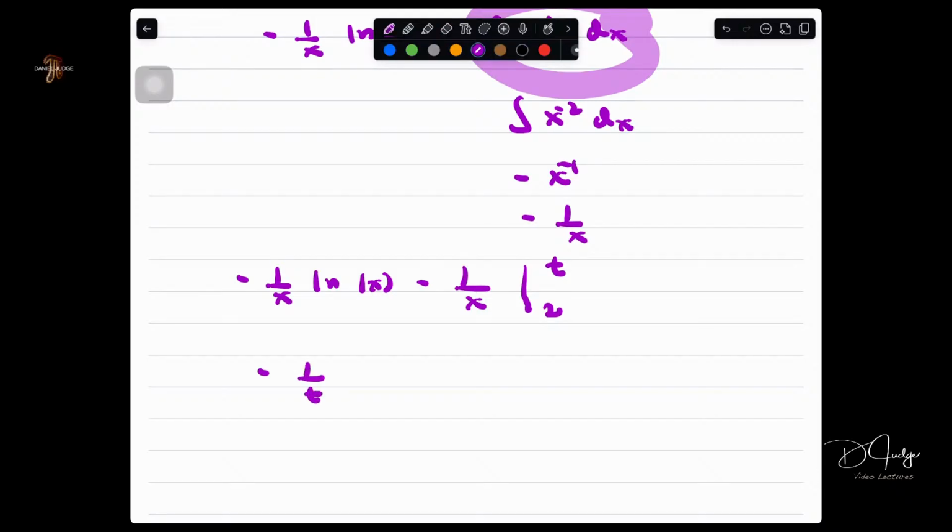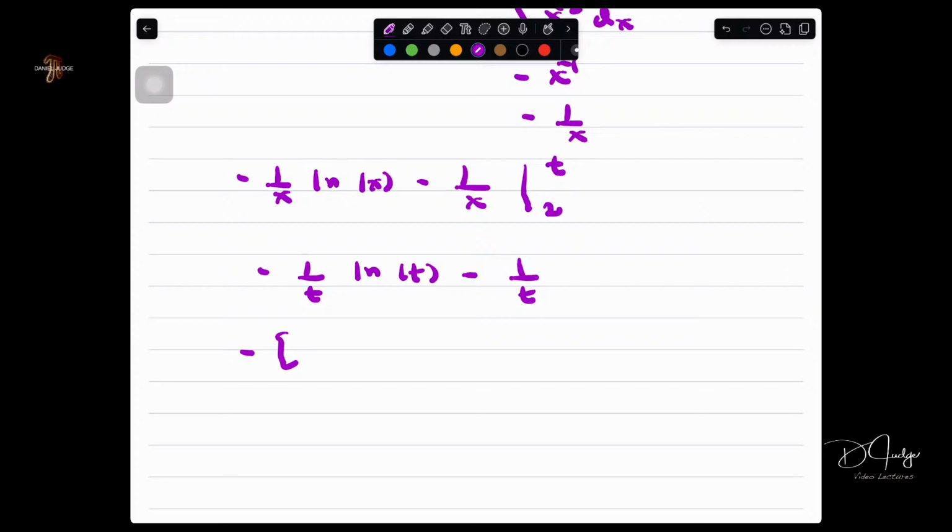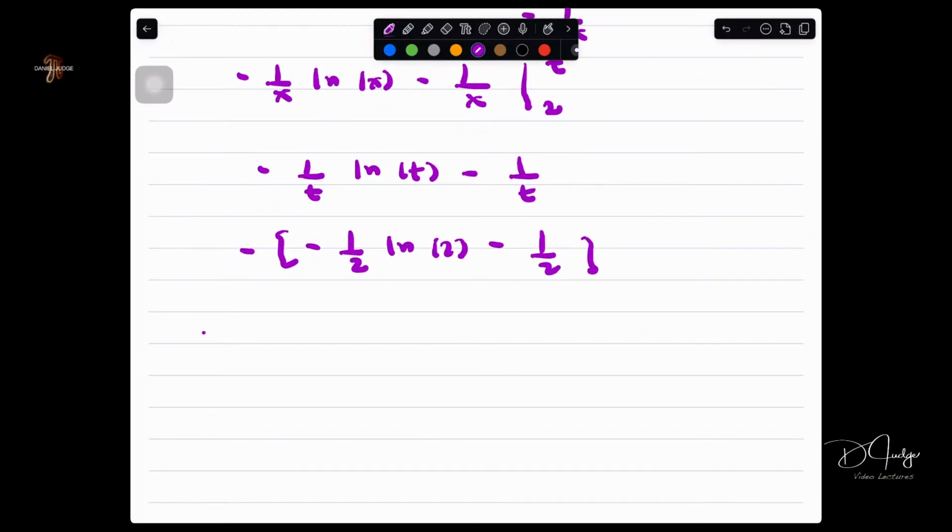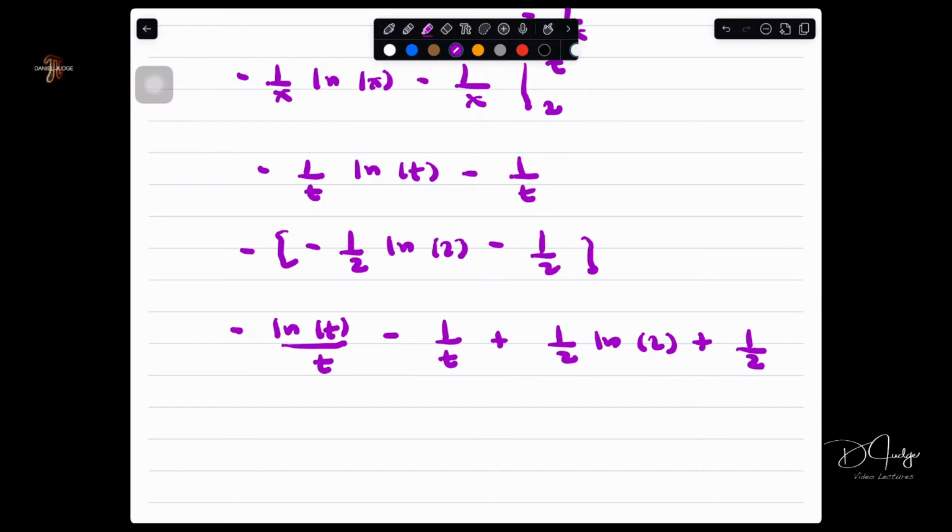Minus 1 over t natural log t minus 1 over t, which will be minus a negative 1/2 natural log 2 minus 1/2. All together, let's write this down. Negative natural log t over t minus 1 over t plus 1/2 natural log 2 plus 1/2. This is I of t now.